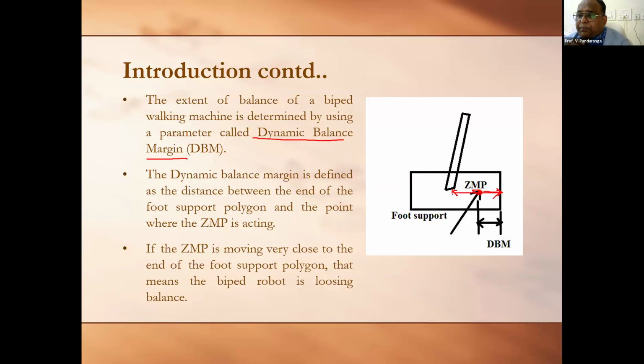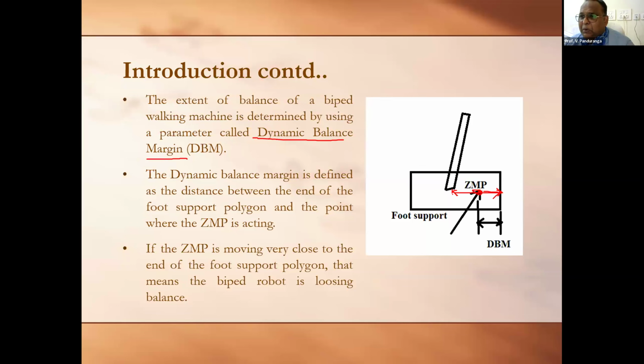Whenever we are walking and unknowingly place our foot on a slippery surface or a banana peel, the friction between the foot and the ground is not sufficient to retain the ZMP inside the foot support polygon. Because of that, moments are not balanced and we fall either back or forward, depending on the direction we are moving. If we are falling back, sometimes we swing our hands in the forward direction.